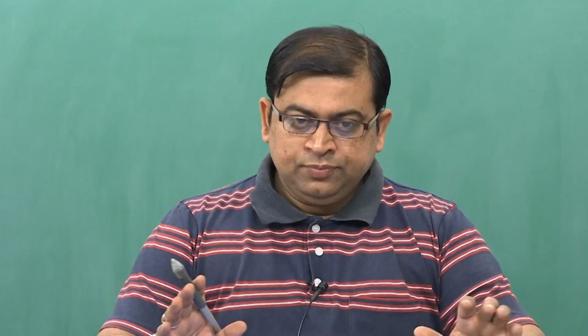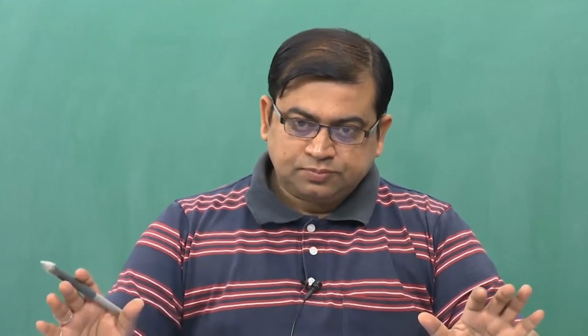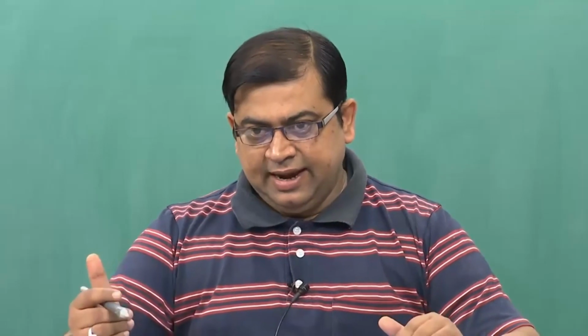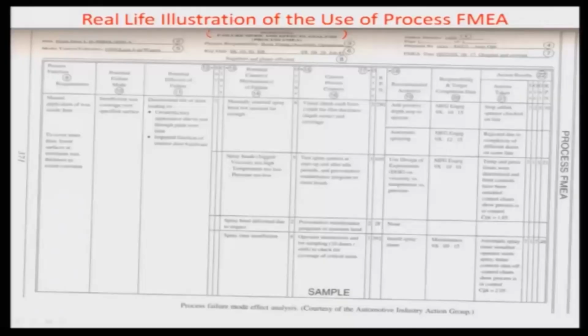Because there would be issues related to the process, you should have some understanding of what really the process is about. So I will do that and swipe back and forth between slide 1 and slide 2 to make you understand the various steps associated with the risk identification and how elimination has been done or what countermeasures have been suggested. So let's look at this process FMEA very closely.